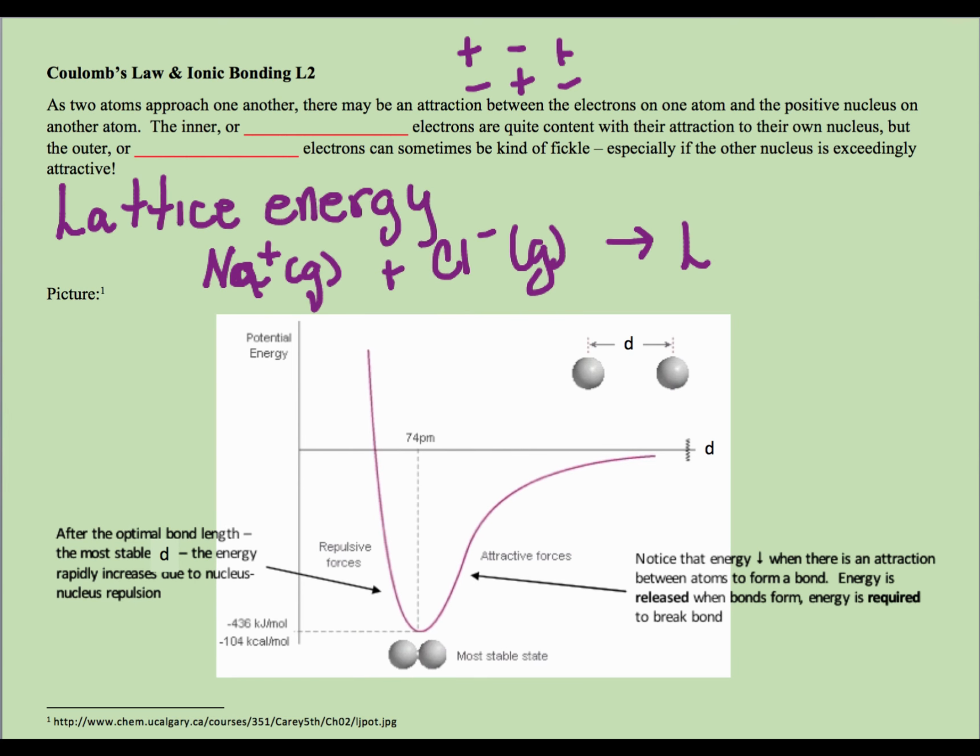I don't know why I switched to lithium there, my hand's not keeping up with my brain today. So it's gaseous ions going to the solid salt. In this case, this would be the energy that was freed to form, so it would be negative. It would be the energy going down.